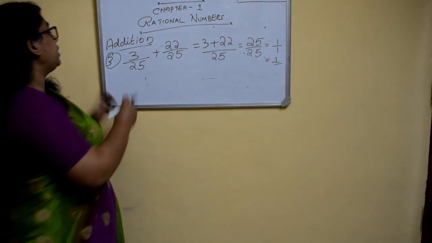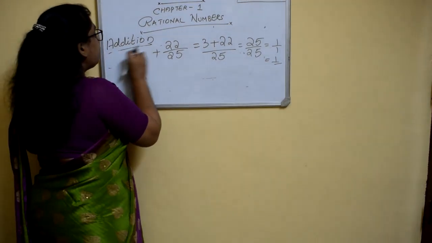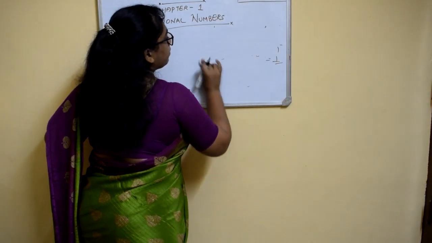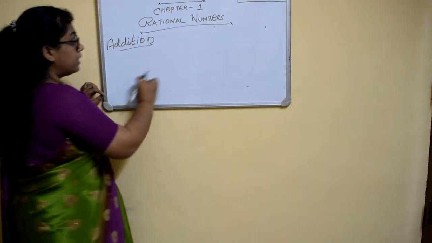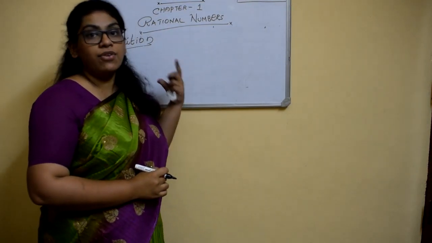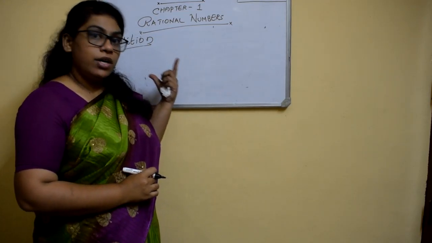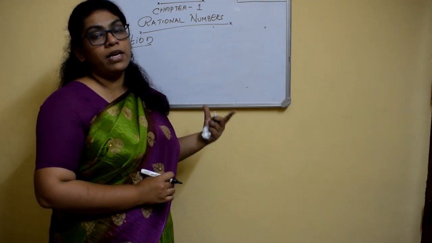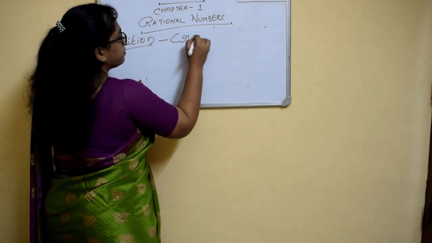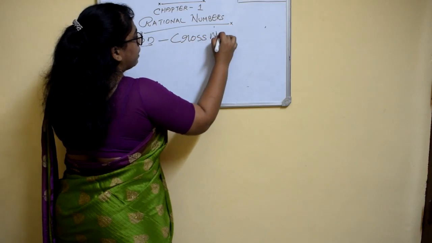Next is addition of rational numbers with different denominators. For this we use one method, that is cross multiplication.